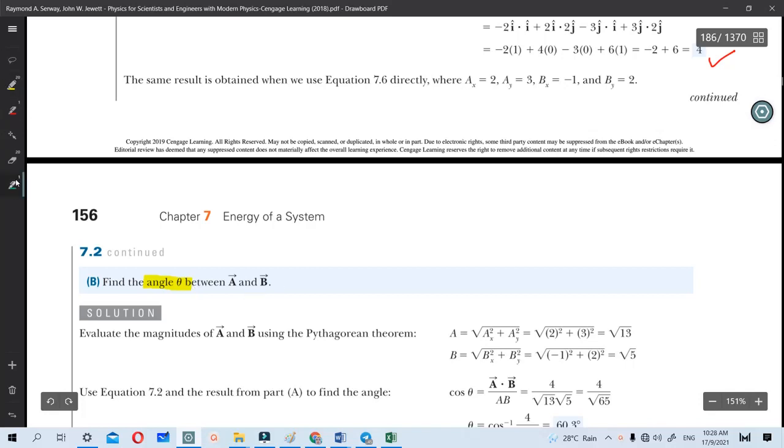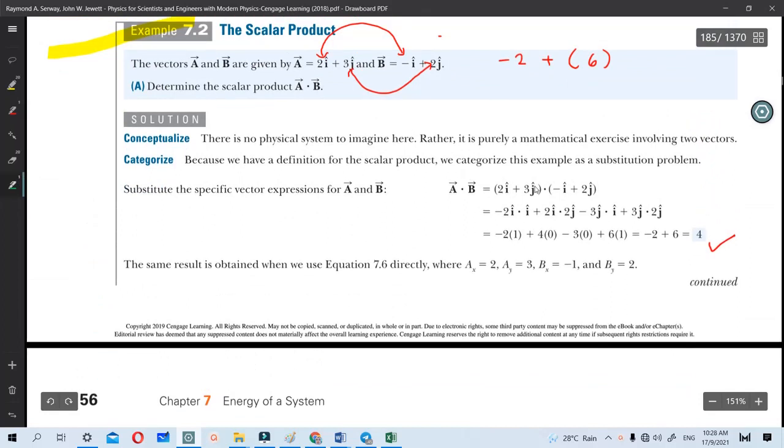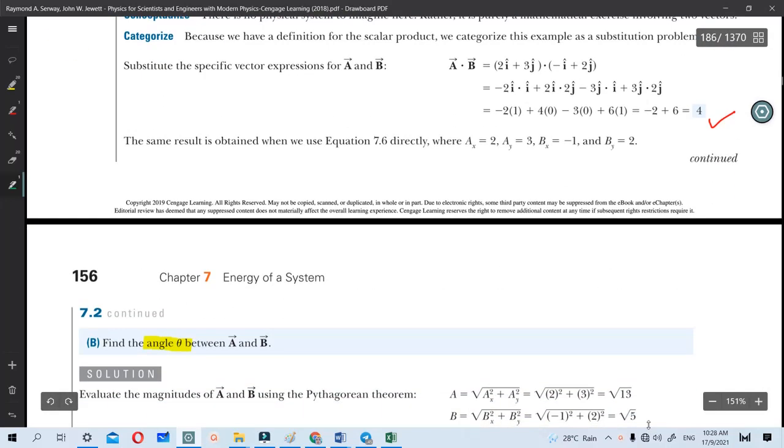B, find the angle between A and B. You have two options actually. The first option is by looking at the figure, which is a little bit harder. A just now is 2, 3. So this is 2, this is 3, so this is A. B just now is -1 and 2.